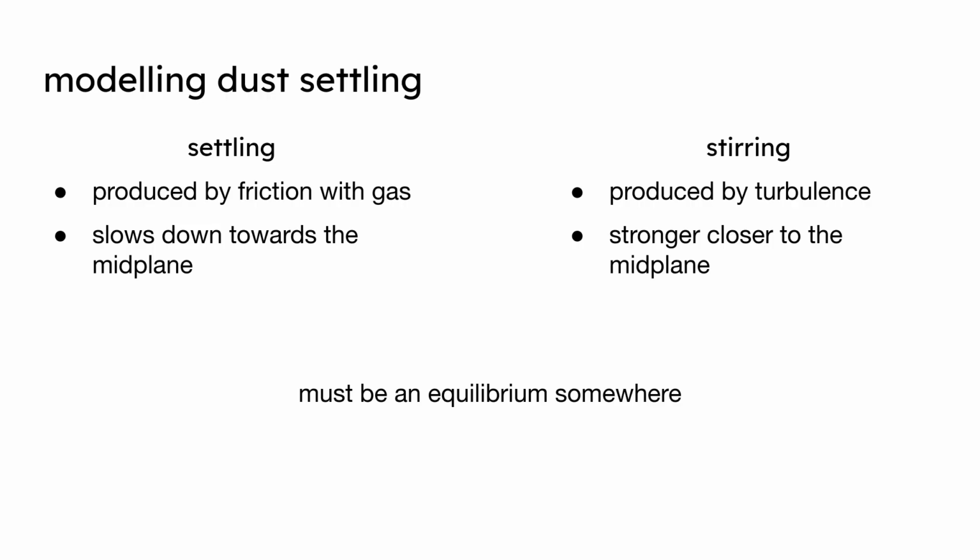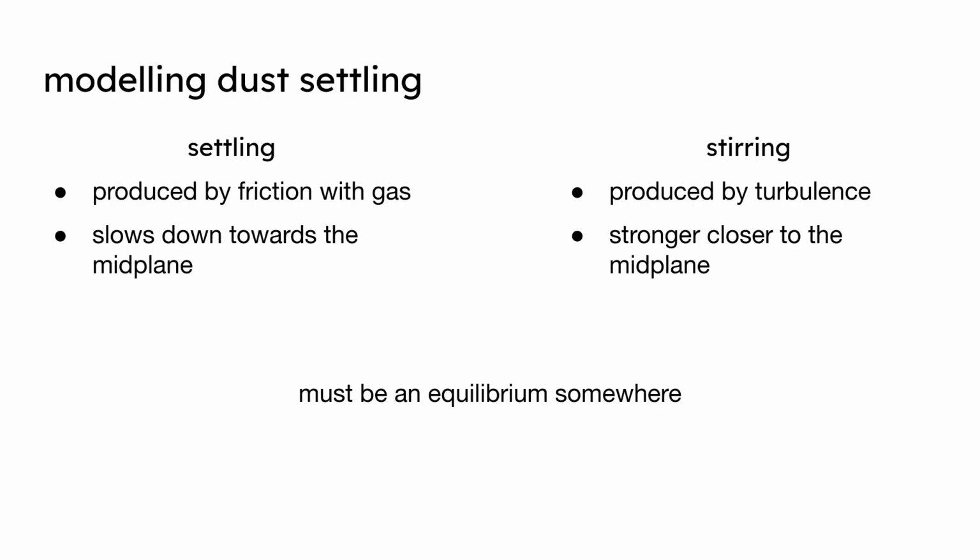But if you have gas, when dust reaches the gas-rich area, and it will cross the midplane twice a year, it will start experiencing friction against that gas, and that would make it lose momentum and bring its orbit closer to the midplane.